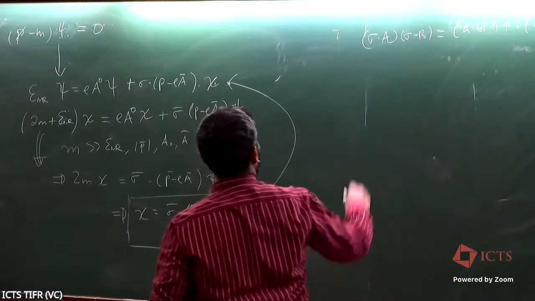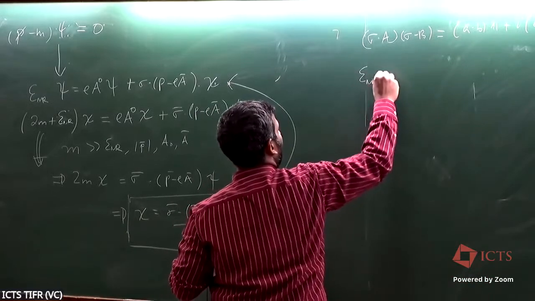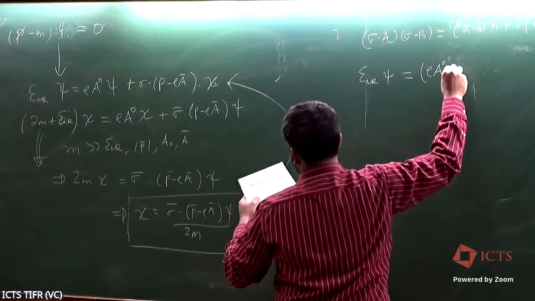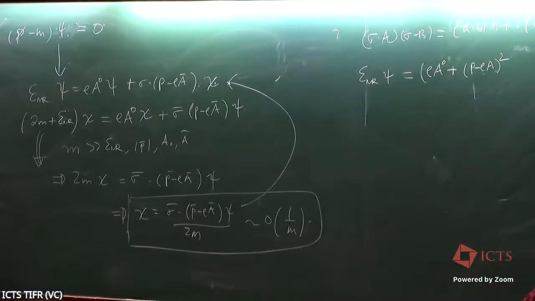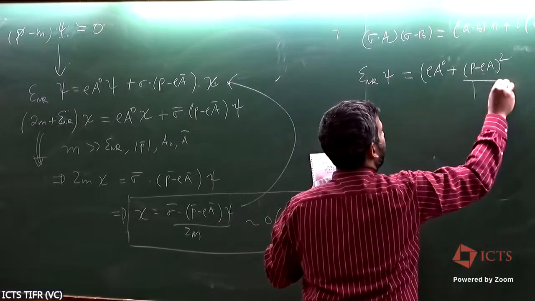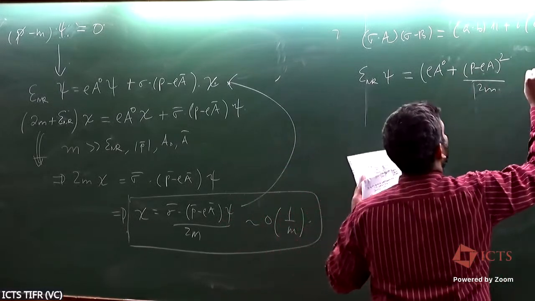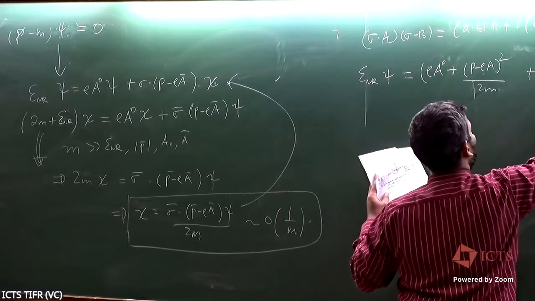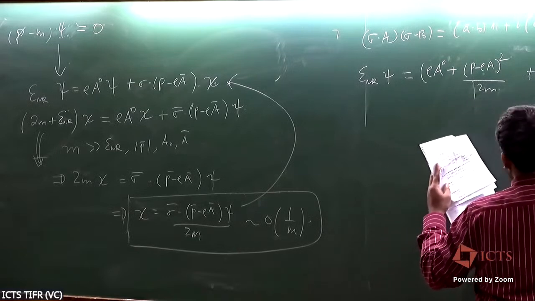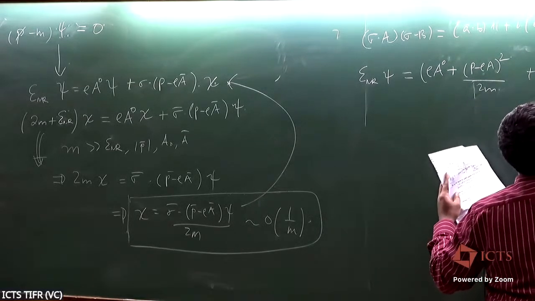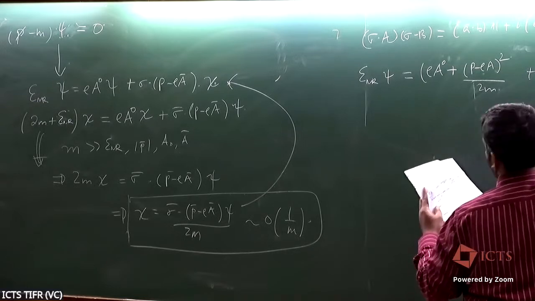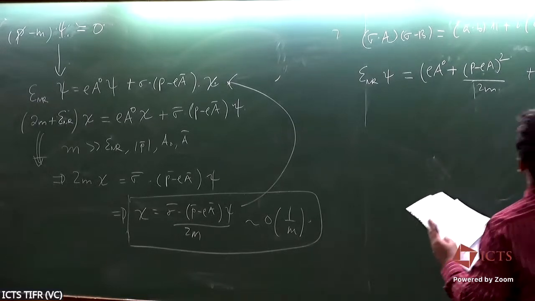What you would immediately get is ε_NR ψ equals (Eℵ_0 plus (P − EA) squared by 2m plus i times the cross-product term dotted with σ by 2m) times ψ.